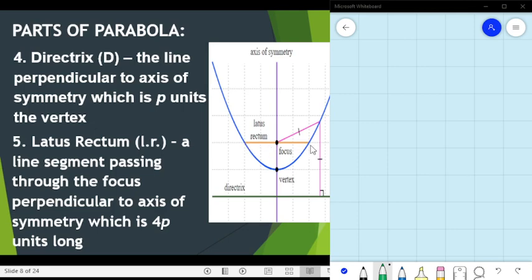So the latus rectum is 4 units: 1, 2, 3, 4. So 2 units from the focus to the right and 2 units to the left when the parabola is opening upward or downward. If opening right or left, 2 units from the focus, above or below the focus. Two units each side, since the length is 4 units.